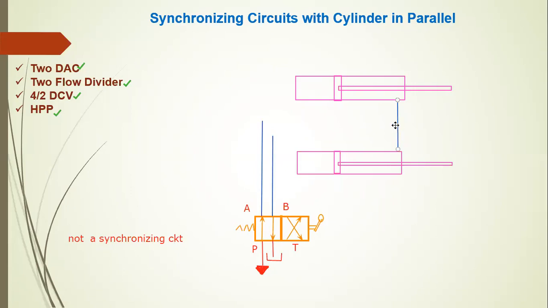Let's connect both circuits in parallel. Now connect both cylinder circuits in parallel with the synchronizing circuit, so we require two flow dividers.